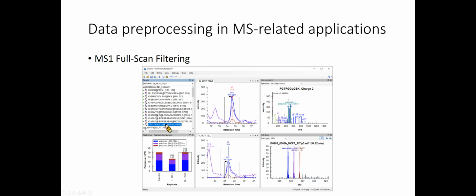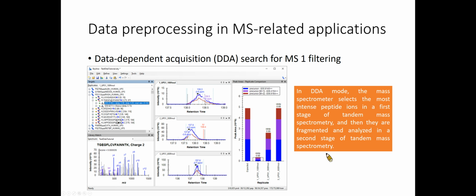Skyline can also support the MS1 full-scan filtering, following the same principle as described in the previous slides. Skyline can also support the data-dependent acquisition or DDA search for MS1 filtering. So what is data-dependent acquisition?